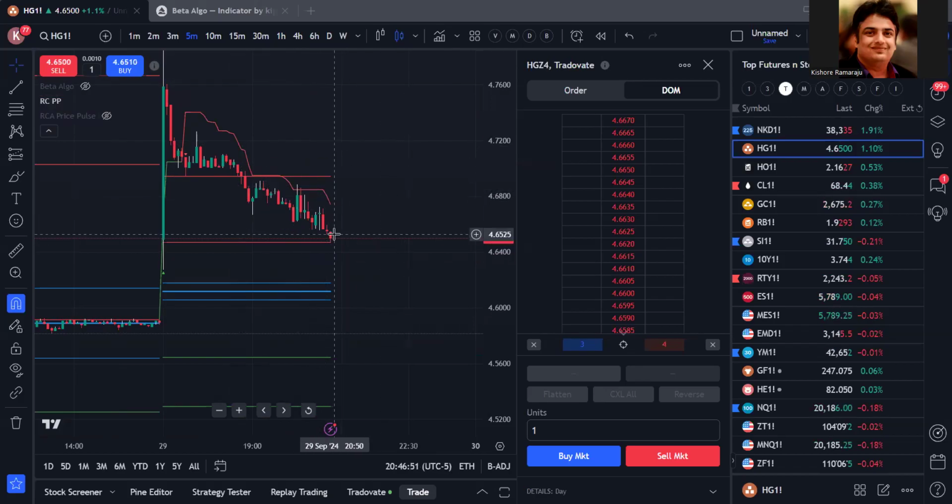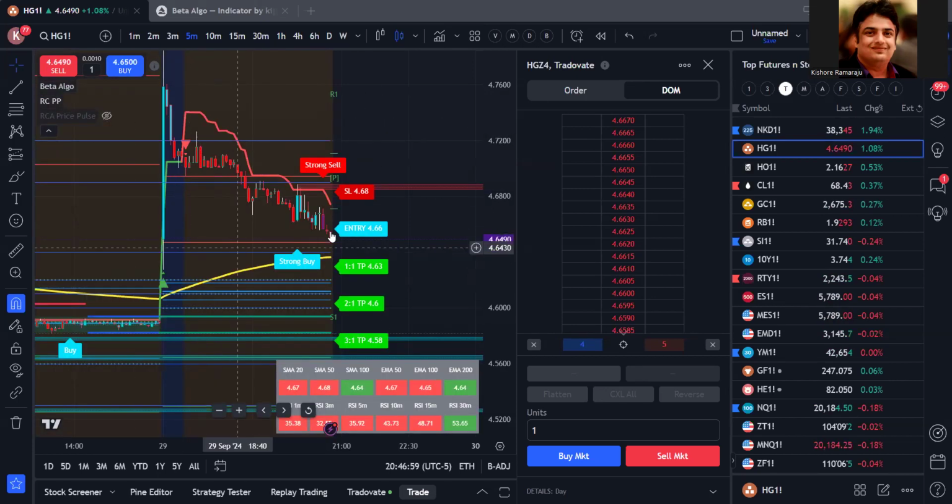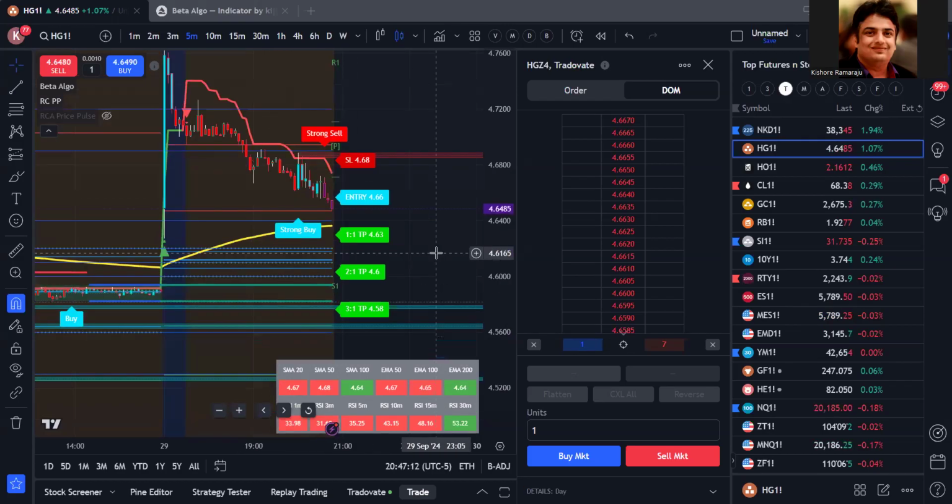So it can start, right? It may start bouncing here, or it may come here and start bouncing. So when you are above EMA, above the lines, always look for the buy signals. When you are below EMA, below these lines, always look for the sell signals. Then you will make nice profits, right?